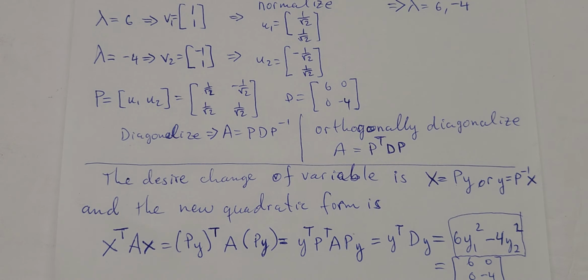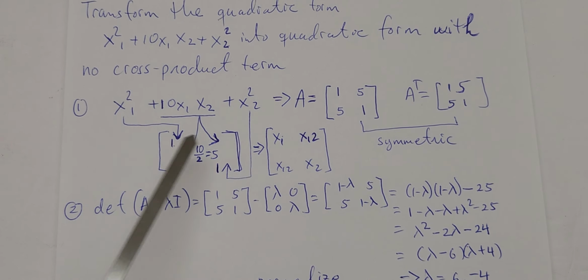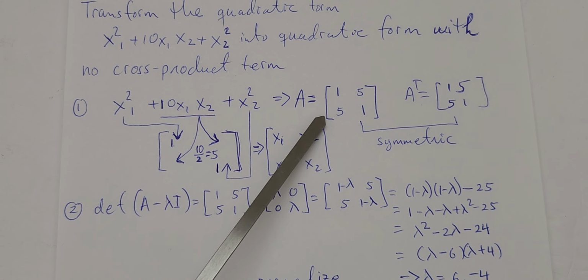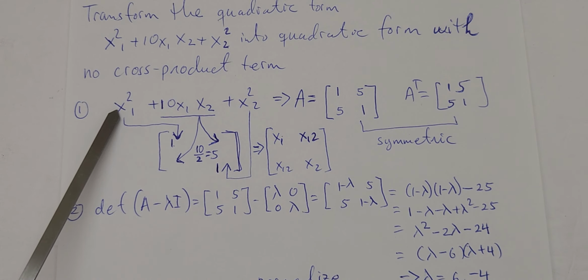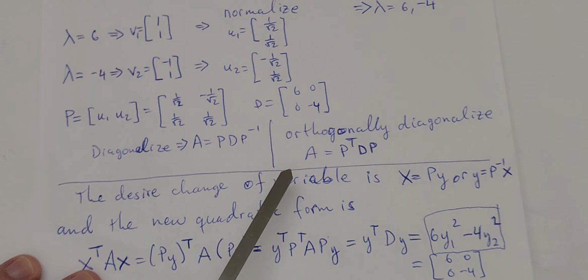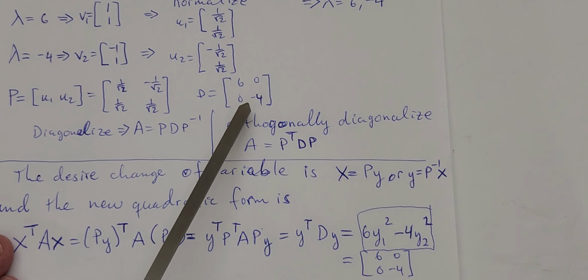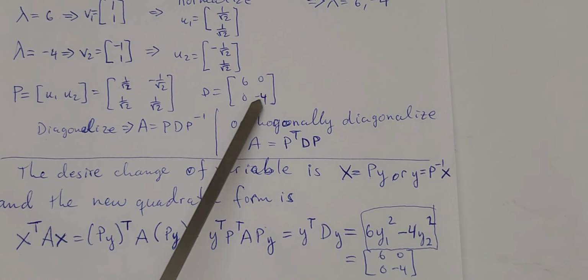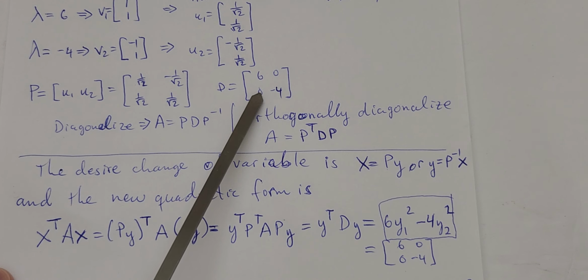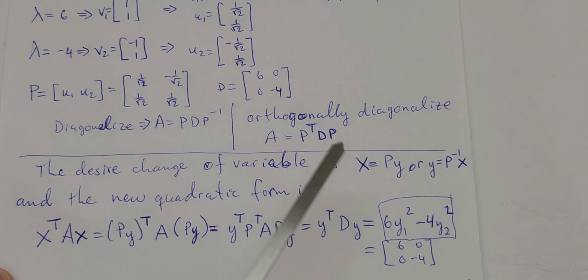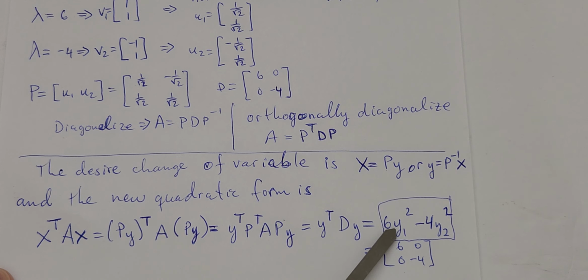Okay, so the original matrix is in x form. The diagonalized matrix with the eigenvalues is written in y form.